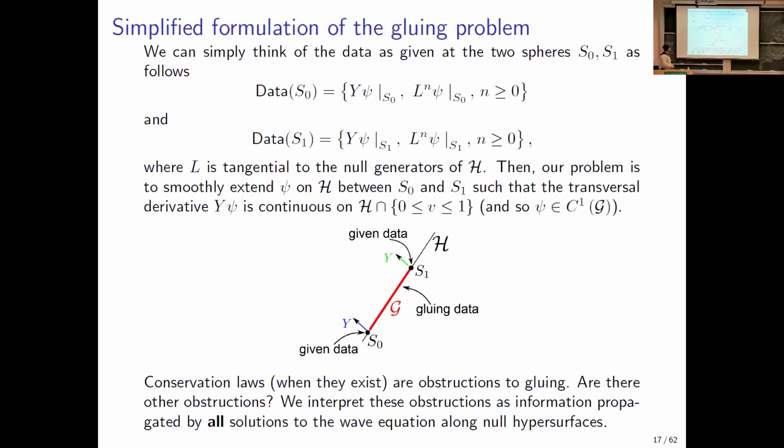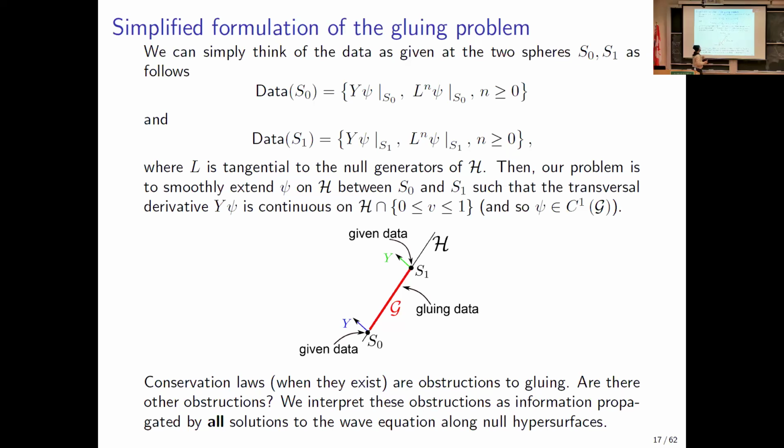And that gives you this. You have data at S0 and S1, and you want to find a null hypersurface, solving your equations, whatever they are, and matching at the boundary of this null hypersurface the data at S0 and S1 you start with. All right, so this is the characteristic gluing problem.